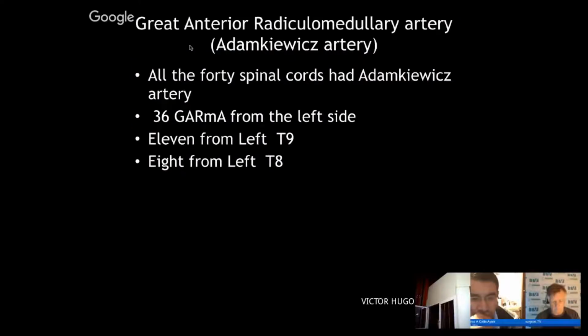All the 40 spinal cords had an Adamkiewicz artery. It was very common, this artery. 36 had a great anterior radiculomedullary artery from the left side, 11 from left T9, and 8 from left T8.